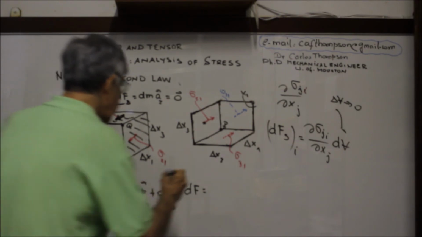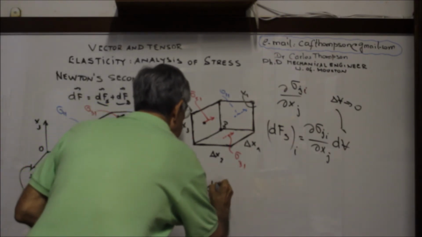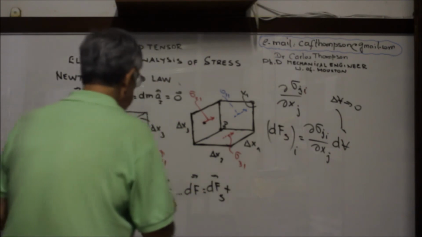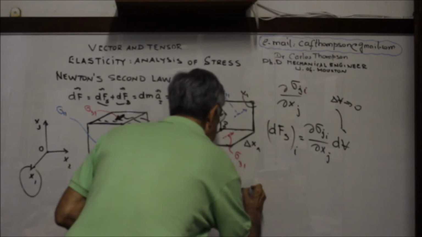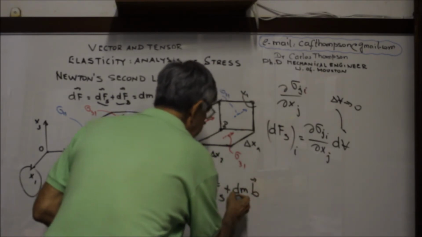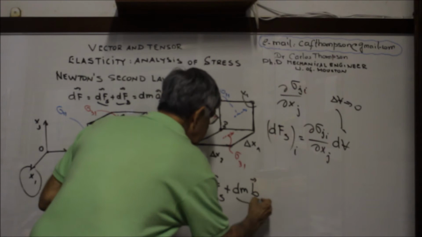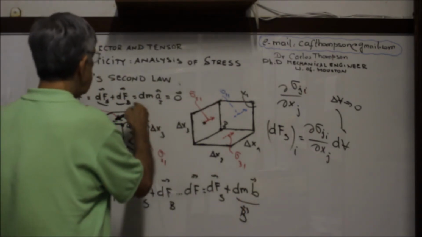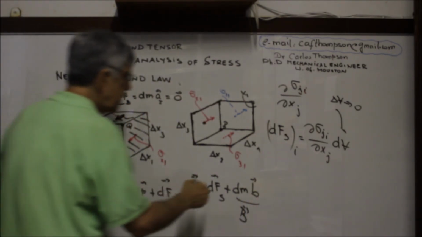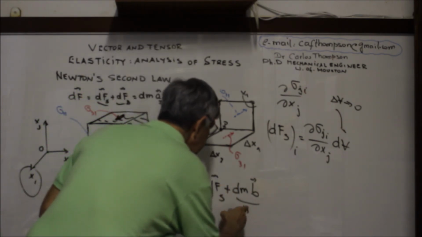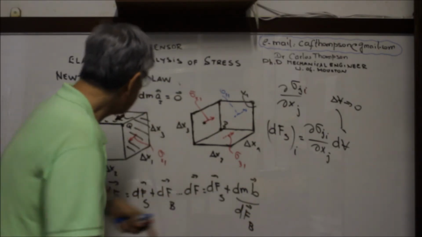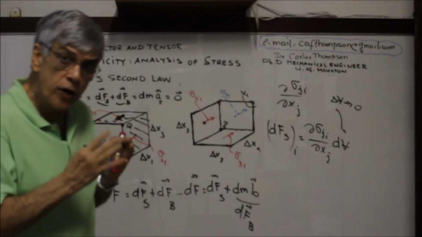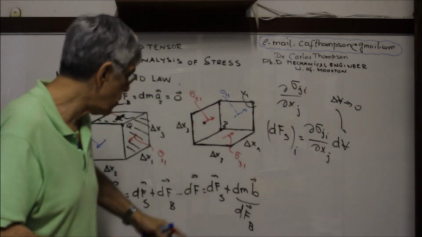df is equal to dfs plus, now here I'll write dm times b, this is capital B. I just wrote here dfb. The body force is the mass. You see, a volume has a mass. I call it dm.